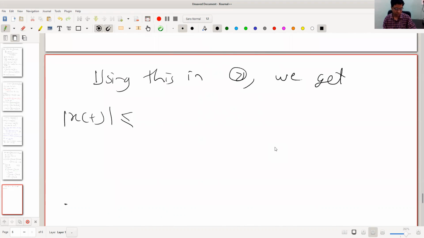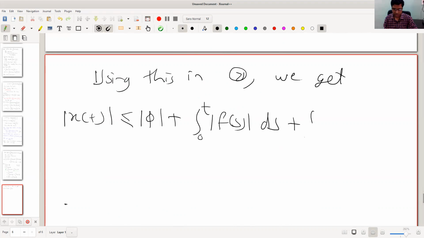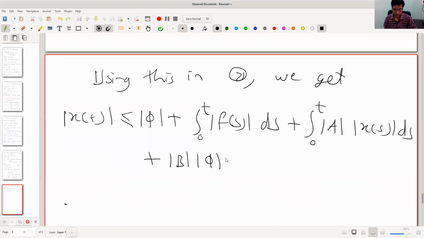Okay, so we rewrite this: norm phi plus integral from 0 to t mod f of s ds plus integral from 0 to t mod A into mod of x of s ds plus mod B into mod phi into r.